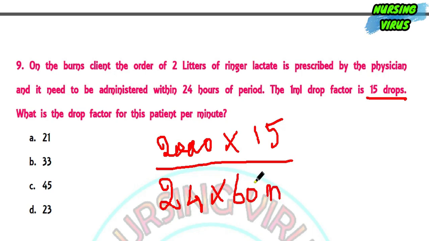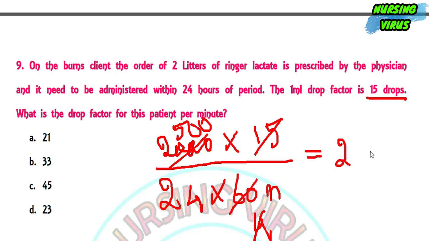When you are cancelling, 4 goes into the 15, and again if you divide the 2000 by 4, you will get 500, and when you simplify this answer, you will get 20.8. So the correct answer is 21 drops per minute.